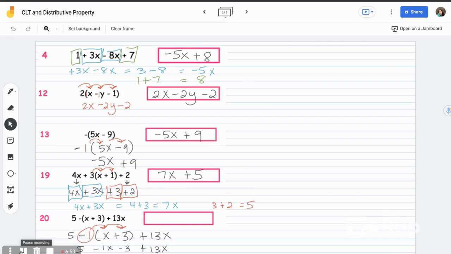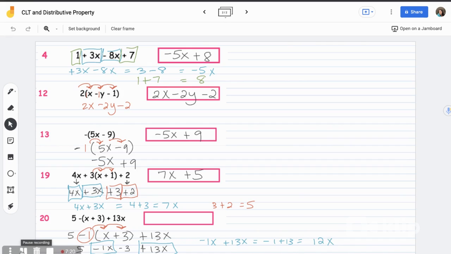Now I need to combine like terms. So I can combine negative 1x and positive 13x. So negative 1x plus 13x. And if you want to type that in the calculator, negative 1 plus 13. Negative 1 plus 13 is going to give us positive 12. So we're going to say 12x.